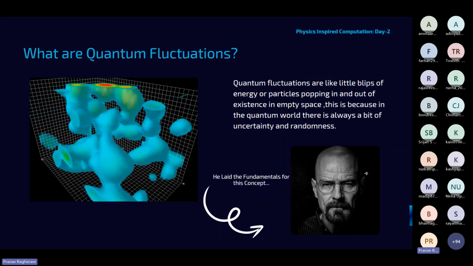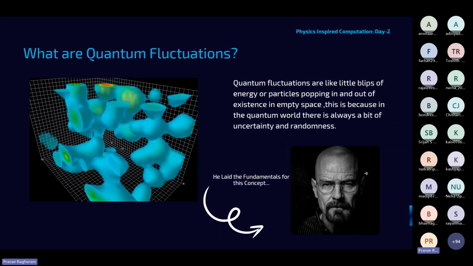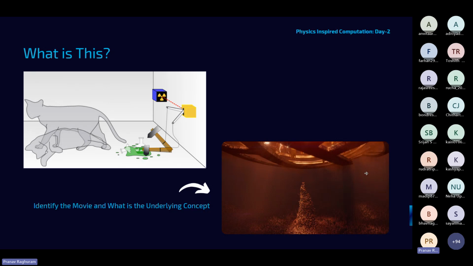Then we'll move on to the next successive principle. This is a small question for you. I would like all of you to respond in the chat box. Guess the successive principle which I'm going to talk about based on the first image, and if possible, identify the movie in which this came.